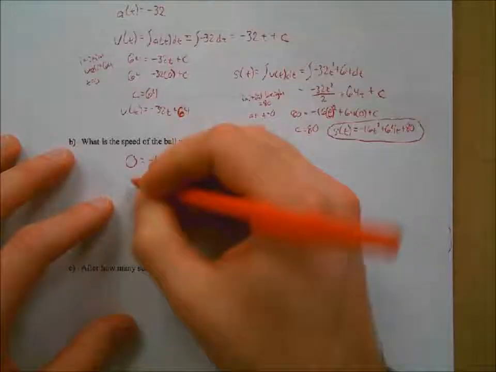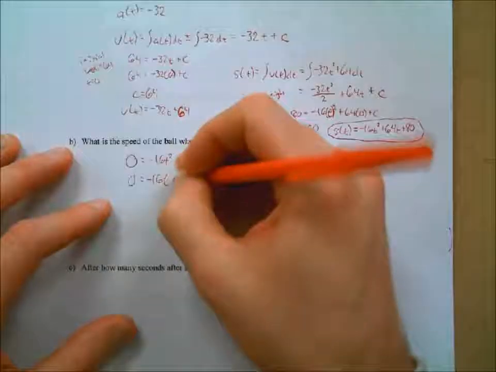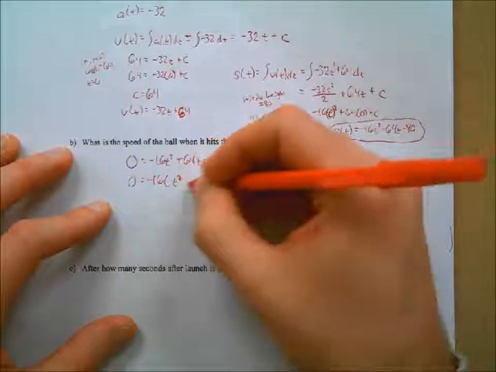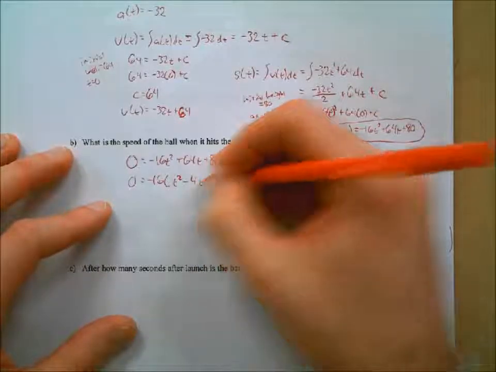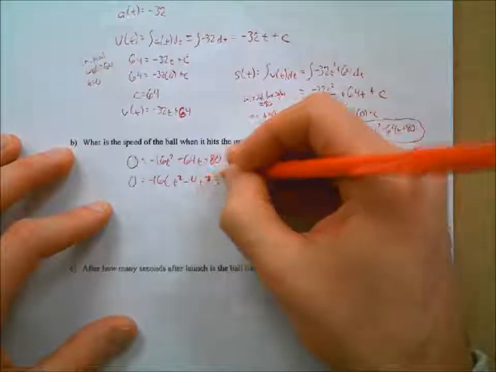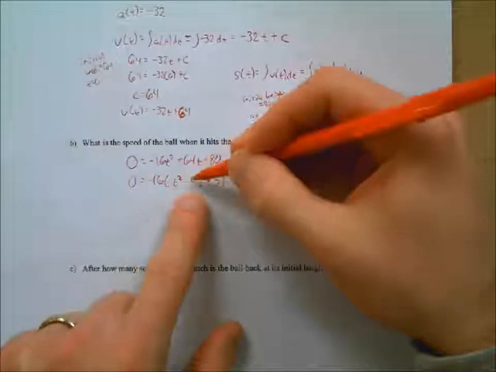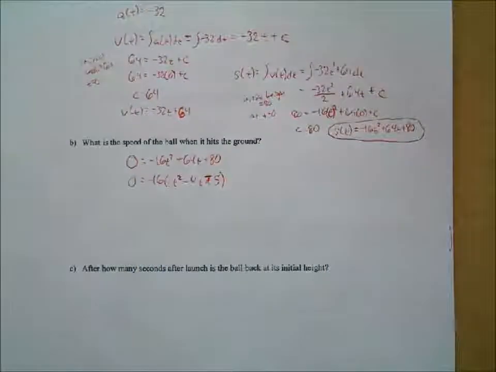So we get 0 equals, I'm going to factor out a negative 16, just so I don't have a negative t squared, times t squared minus 4t minus 5. And so we want to factor t squared minus 4t minus 5.